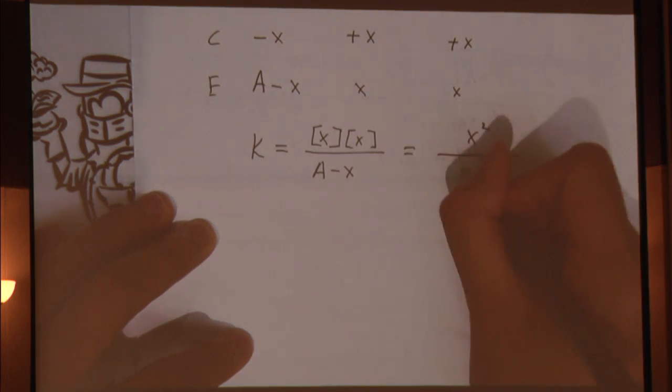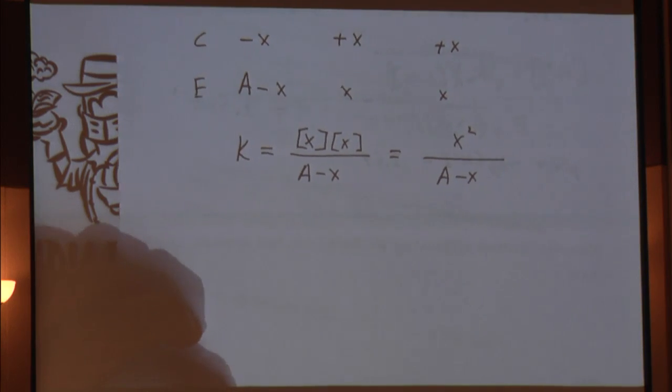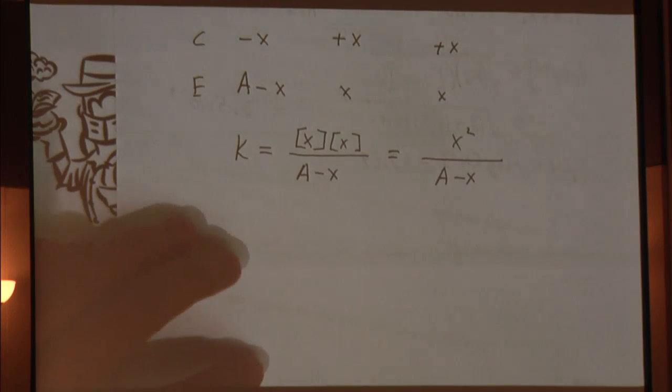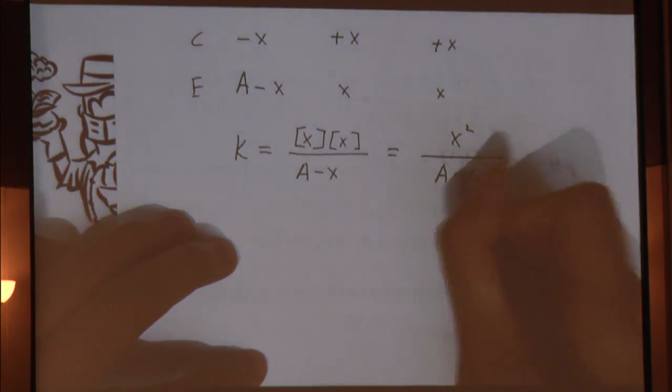And we can just simplify the numerator. And here, we're making that X small approximation, so we don't need to worry about this X in the denominator.